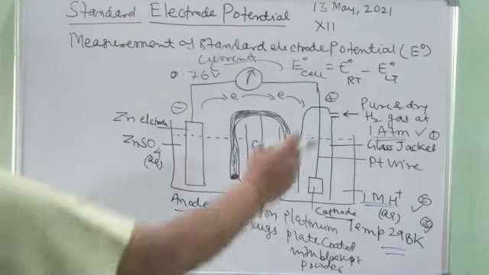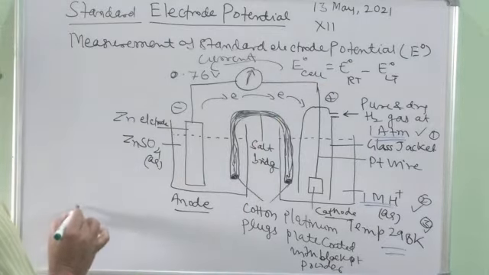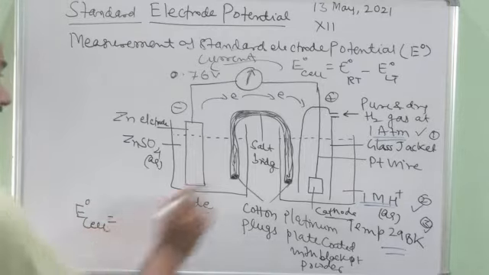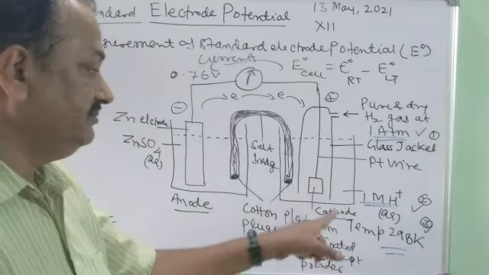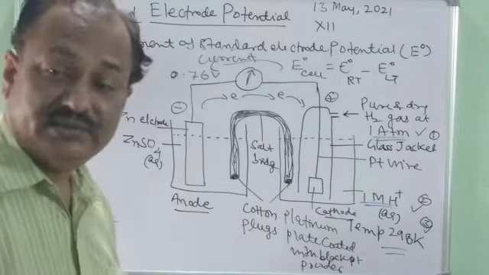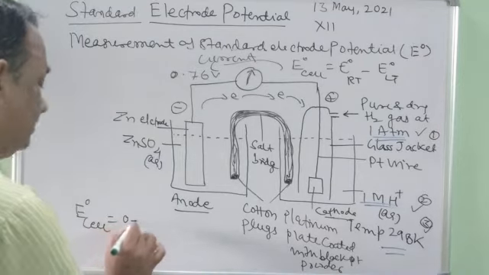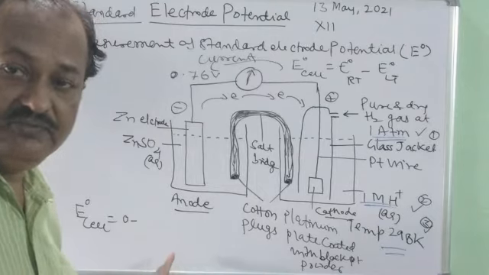Now we know this formula, so we'll put here. So E standard cell, E right. So right is what? This is cathode, reference electrode. So E right, it is 0 volt.